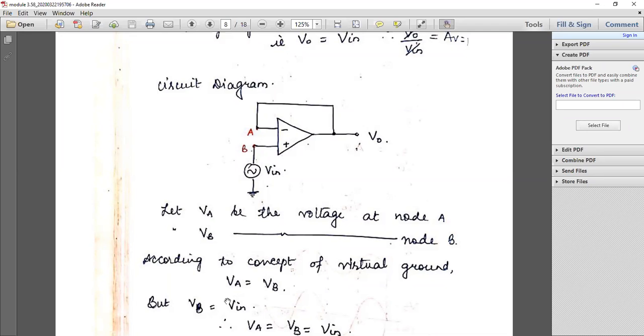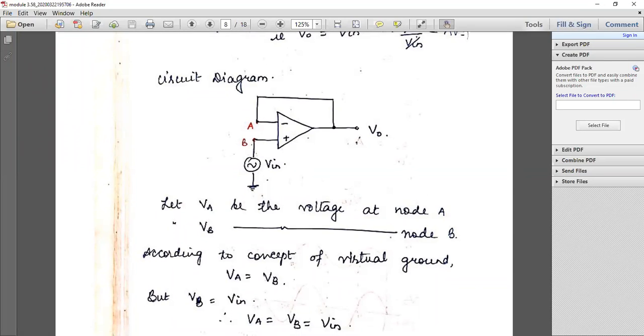What does it indicate? It indicates that the input voltage will be my V in. So VA equal to VB equal to V in. Why? Because I know VA equal to VB and VB equal to V in.